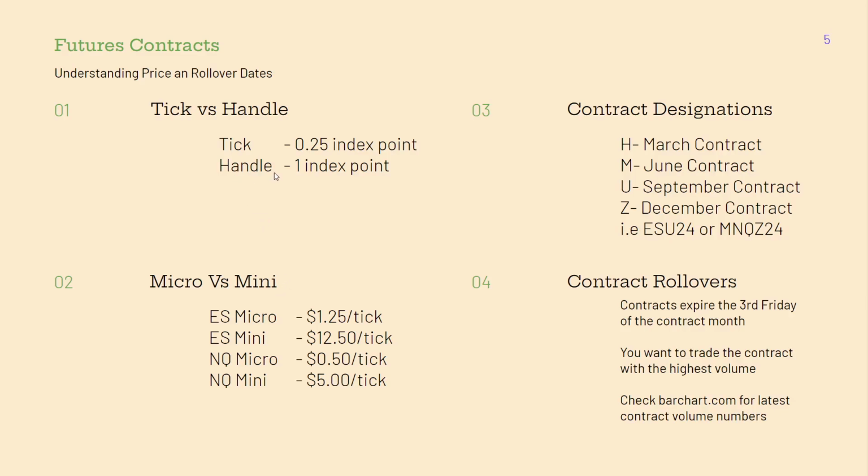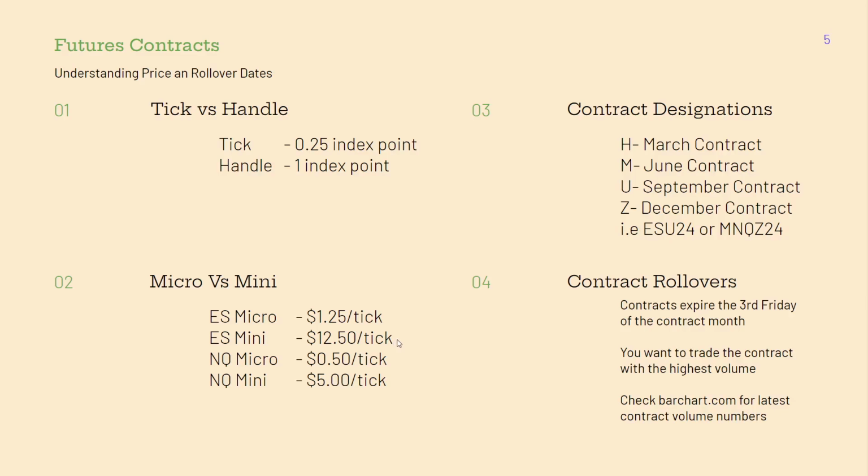Price moves in a tick, which is a quarter index point, or we will refer to handles as one full index point. The price per tick for a micro contract is only $1.25 US, and for a mini contract it is 10 times that.